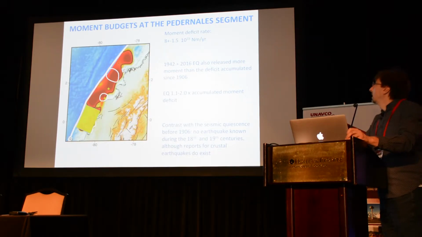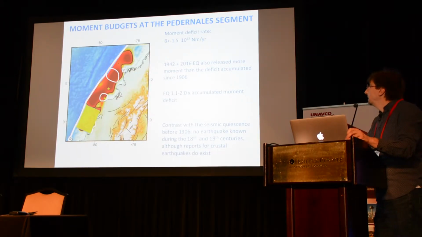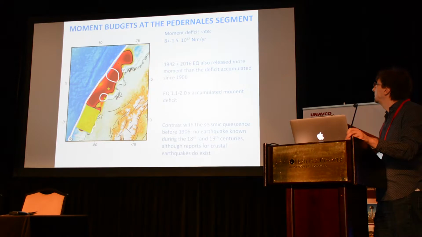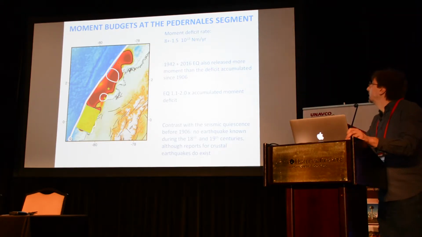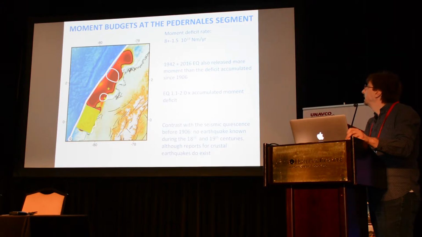So let's see the alternative hypothesis, that the two earthquakes were close but not overlapping. Then you need to integrate the moment deficit rate from the interseismic GPS over a broader area. And if you do this calculation, you still find that the two earthquakes released a moment significantly larger than the one accumulated since 1906.